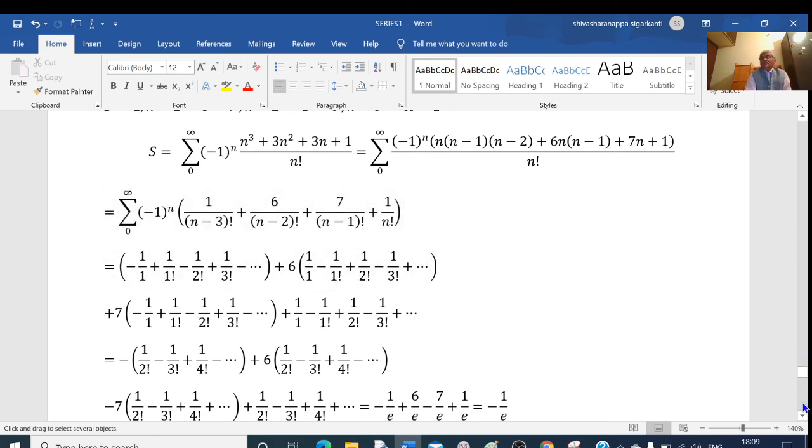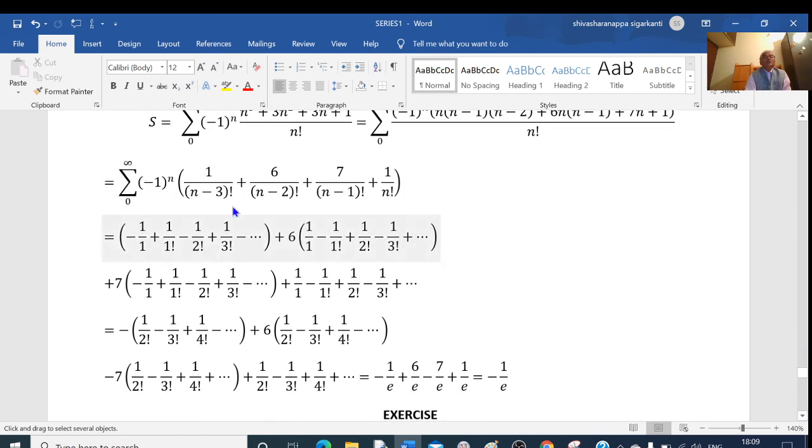And we write this as follows. The first term I am writing separately here, n equal to 0, 1, 2, 3. Starting with 3 means minus 1 by 0 factorial and then 1 by 1 factorial, 2 factorial, 3 factorial with alternating signs.